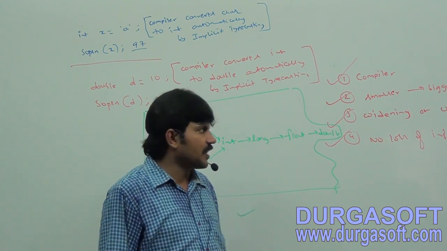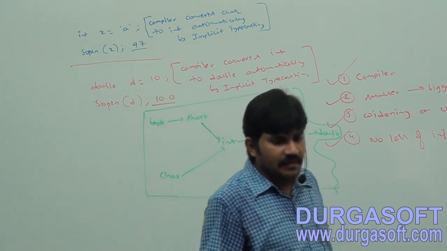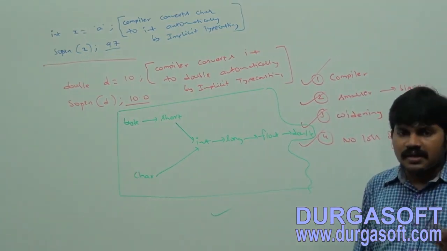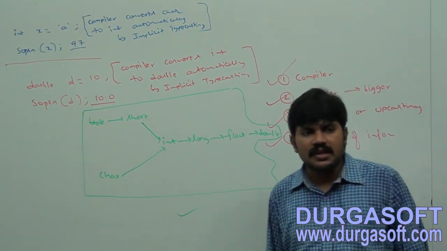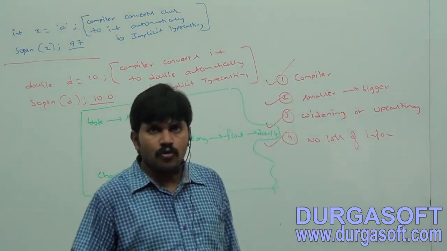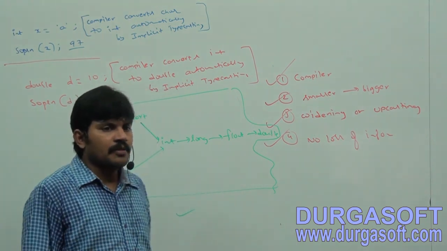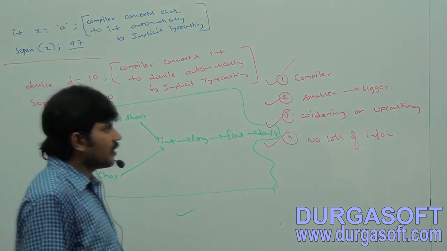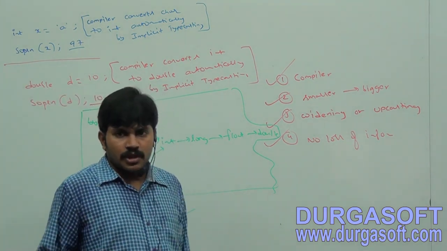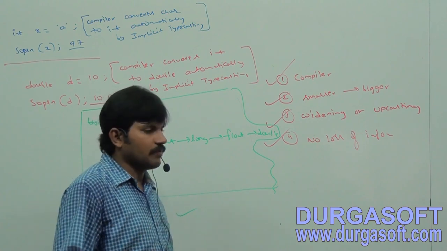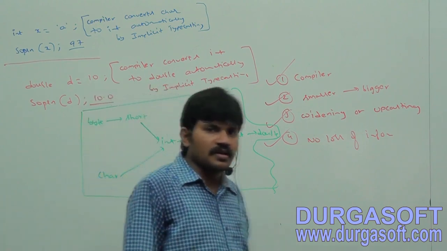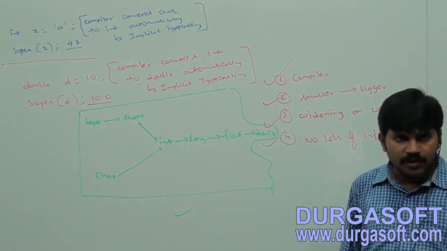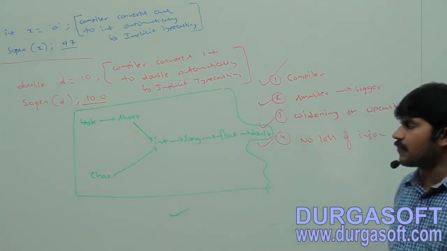Next, second: whenever we are assigning a smaller data type value to a bigger data type variable, implicit typecasting will be performed.